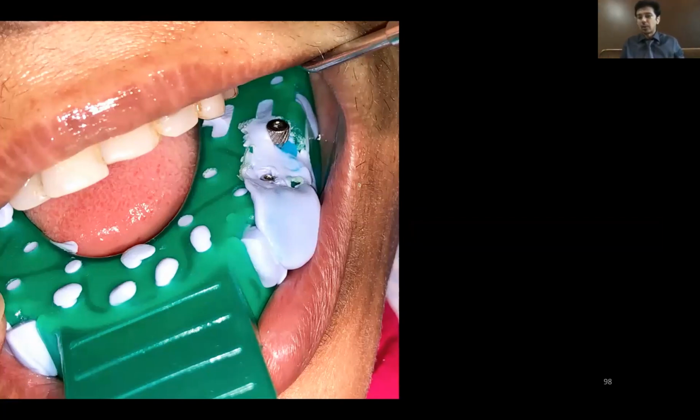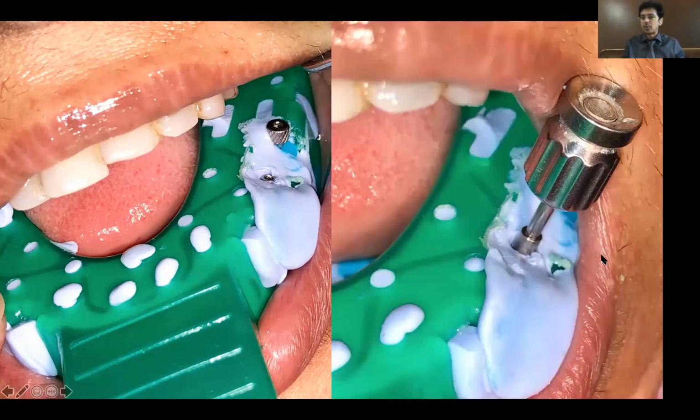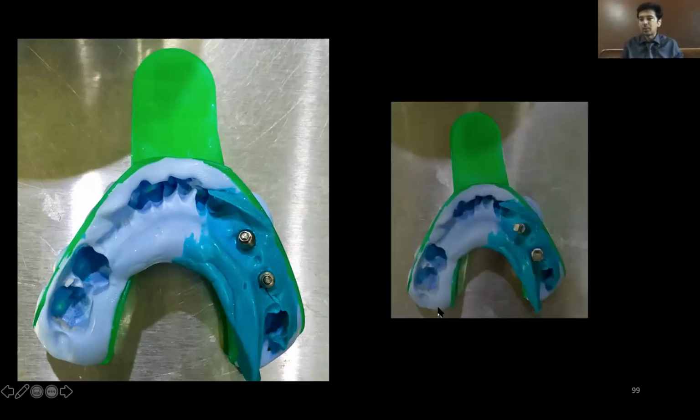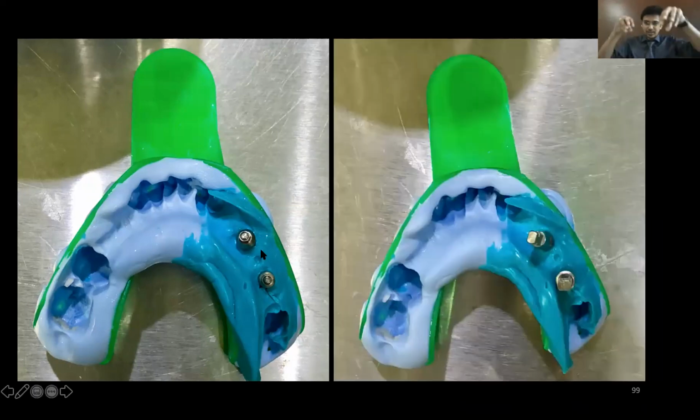Now I am supposed to use my hex driver and remove the screw. Once I remove the tray, the transfer copings are picked up along with the tray itself. So this is known as pickup impression also. Outside the patient's mouth, I tighten up the implant analogs onto those transfer copings.